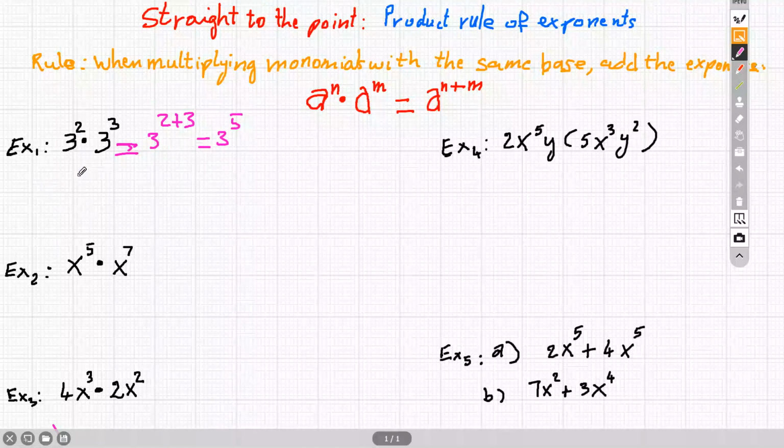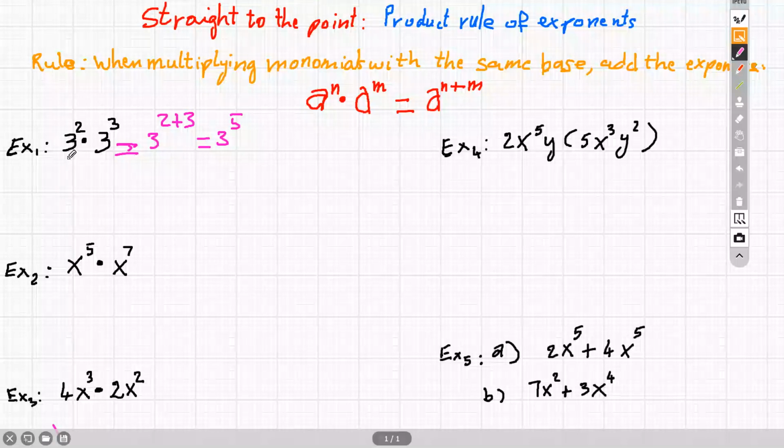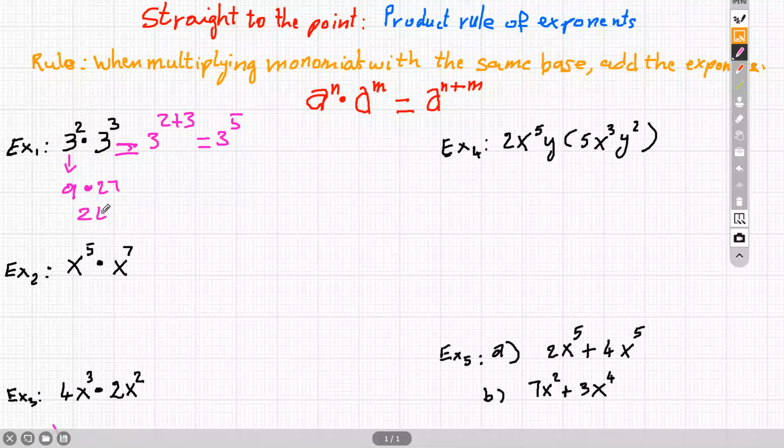But since these are numbers, you could have squared 3, and that would have given you 9. And you could have cubed 3, and that would have given you 27. 9 times 27 is 243.